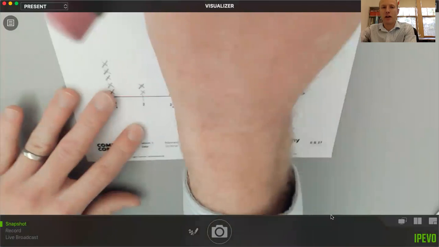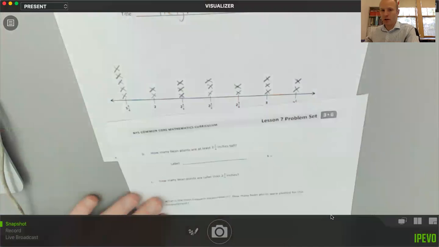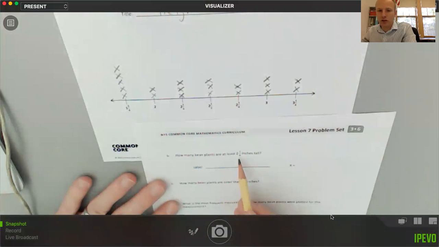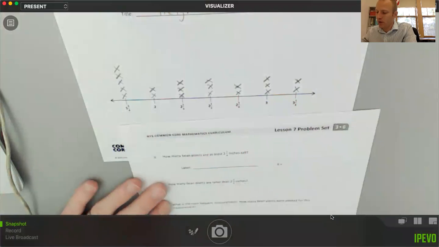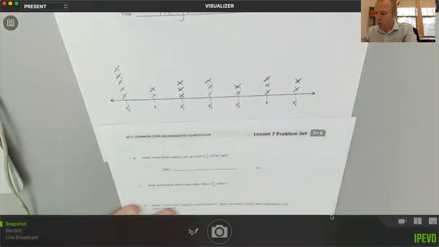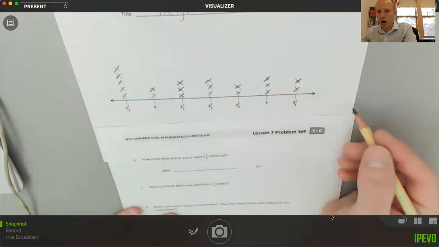I'm gonna put that there. And I have another sheet for the back here. The first part says, how many bean plants are at least 2 1/4 inches tall? So the label, at least 2 1/4, means everything that's 2 1/4 and taller.